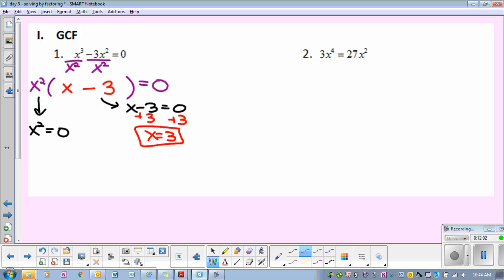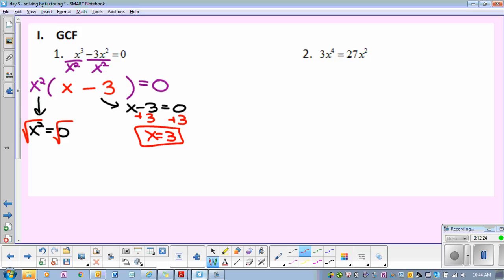So how about this guy? X squared equals 0. It is 0, but how do I get rid of the square? Square root, right?